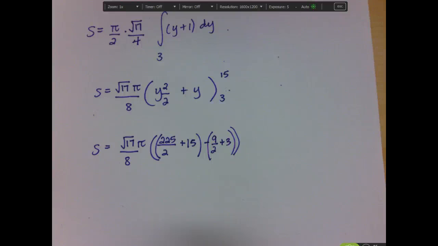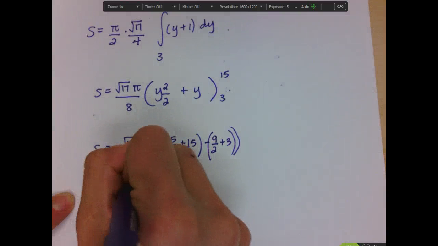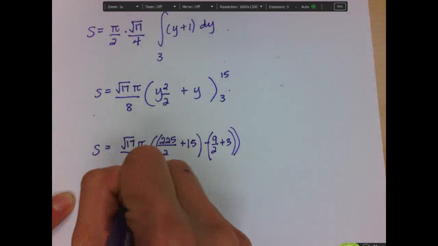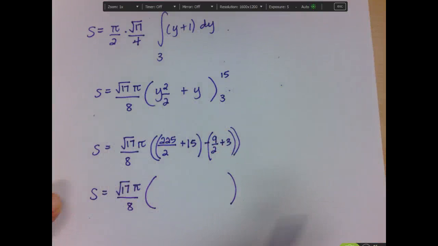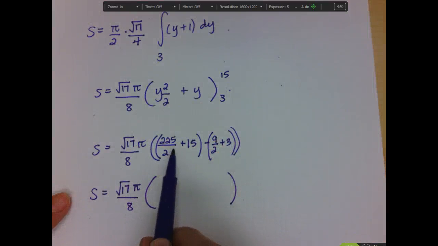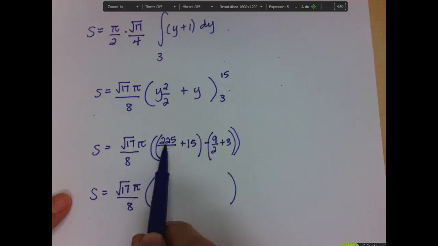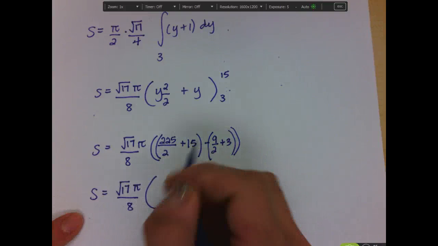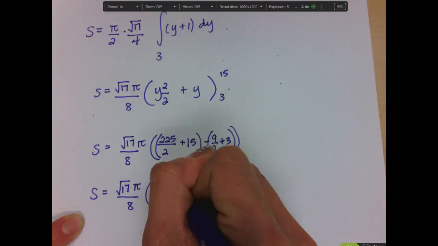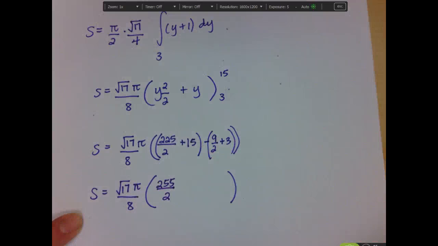I have a little bit of fraction work to do. So if I get a common denominator here of 2, I'll have 225 plus 30. So that'll be 255 over 2.